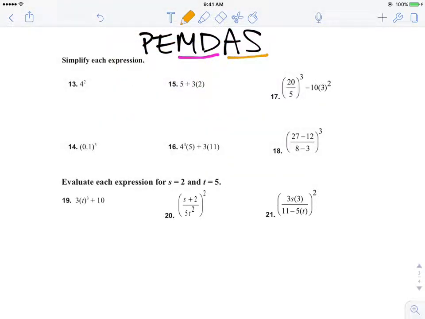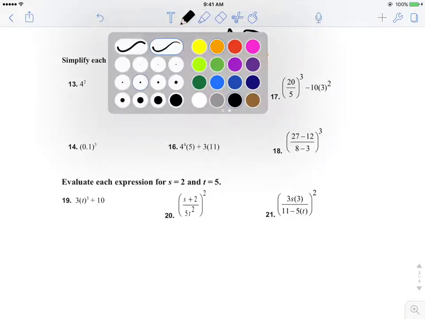Now, the reason I'm underlining the multiply, divide, and the add and subtract is because those occur at the same time, just whichever appears first. So, for example, if there's division before multiplication, you do the division first, even though M comes before D in PEMDAS. So just a quick reminder of that.